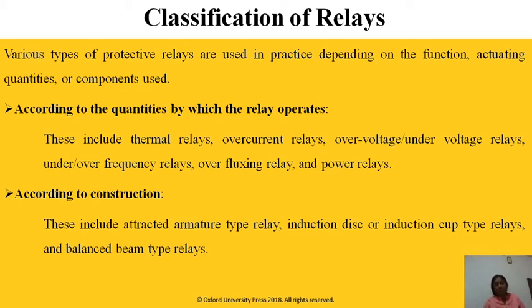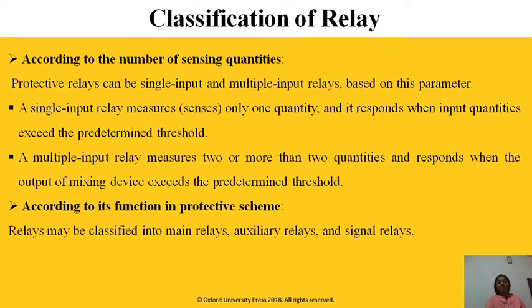According to the construction, we have attracted armature type relay, induction disc or induction cup type relay, and balance beam type relays. According to the number of sensing quantities, we have single input relays, which sense one quantity, or multiple input relays, which sense multiple quantities.